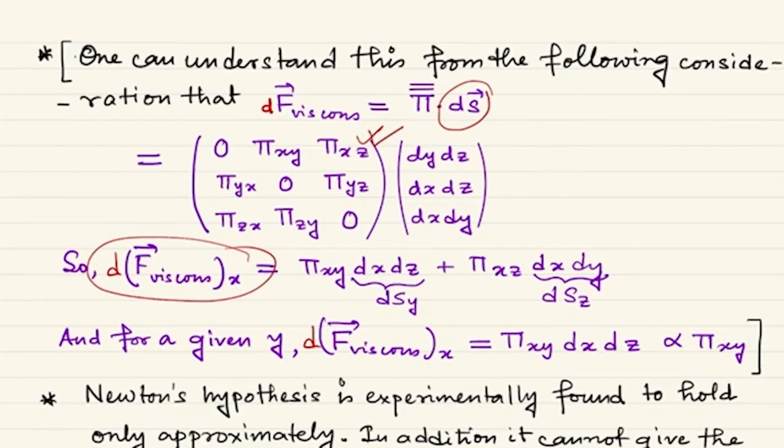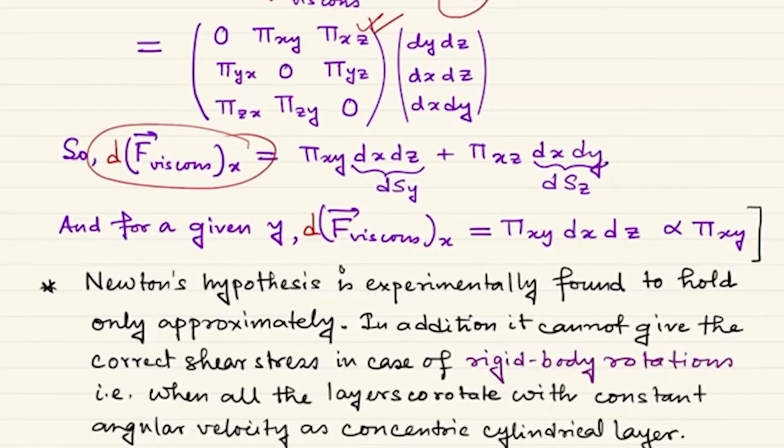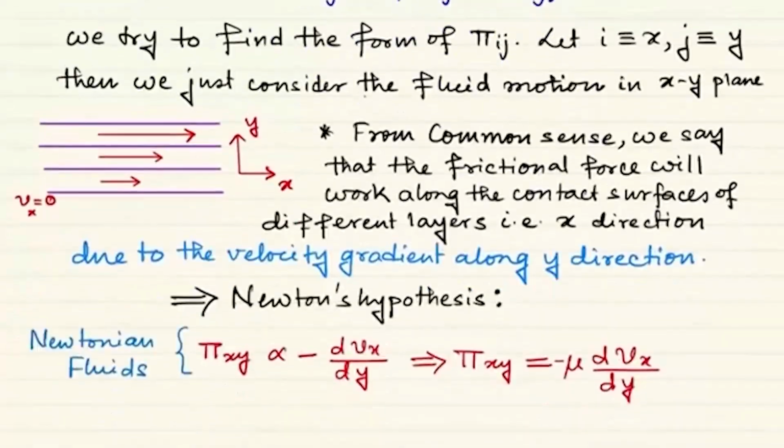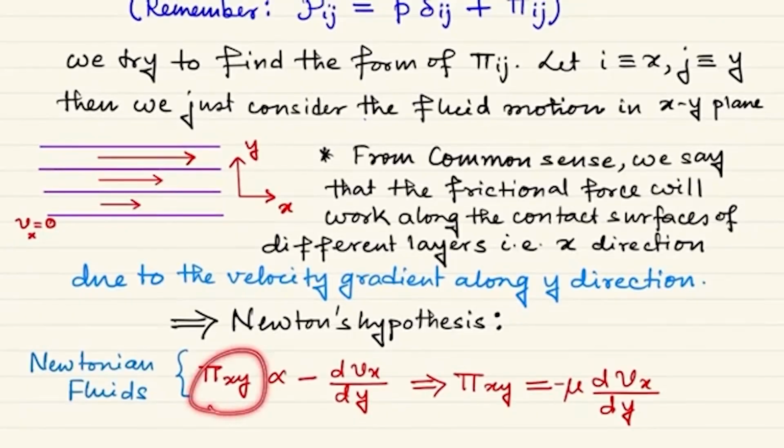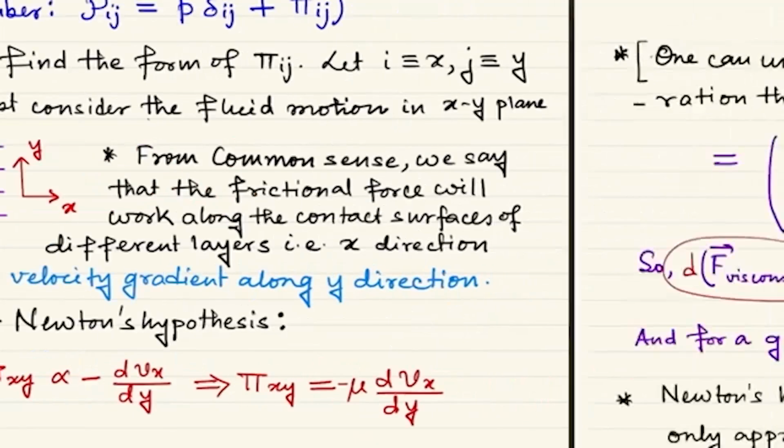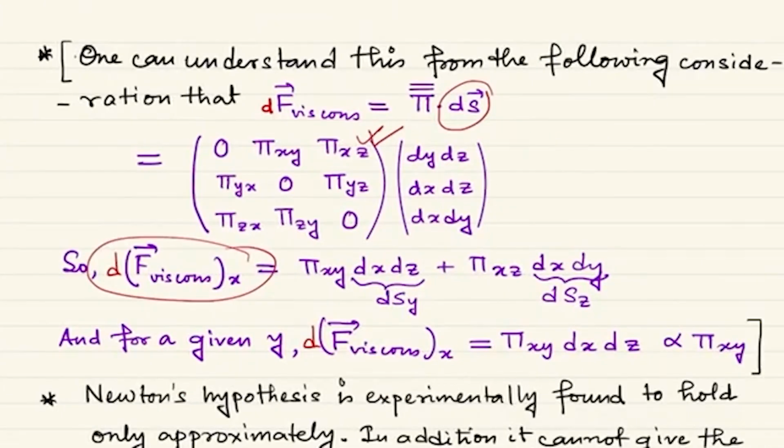Okay, and then you can simply say that pi xy is a very good proxy for dF viscous x. So that's why we say that when this pi xy increases, the reason behind this is that the modulus of dvx/dy increases. And it simply says that the x component of the viscous force also increases.